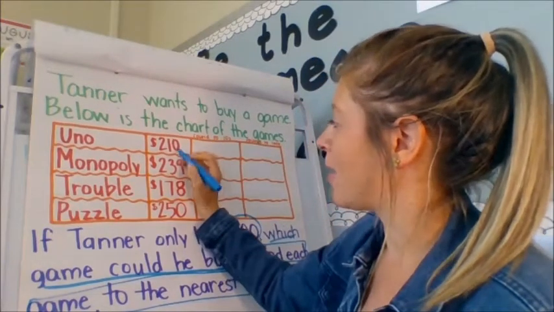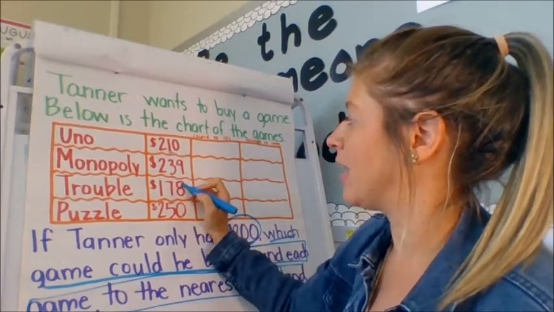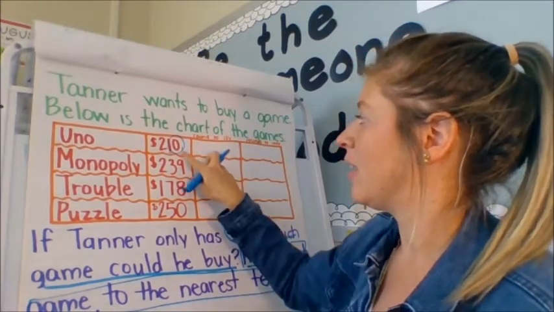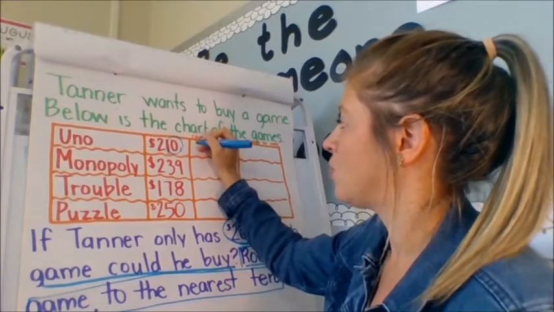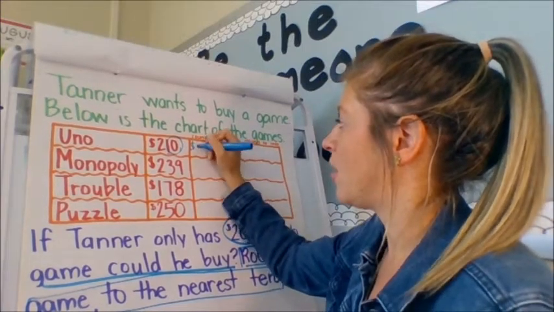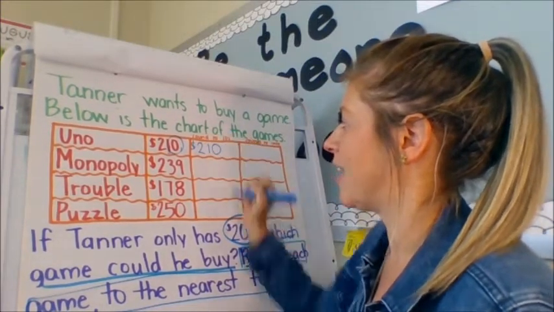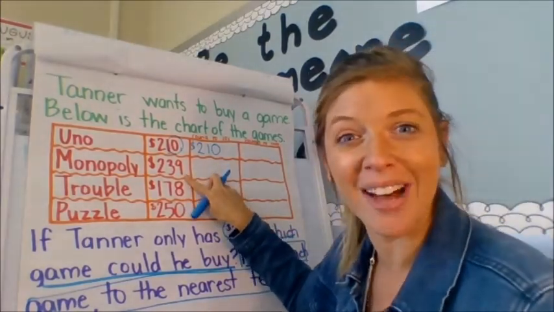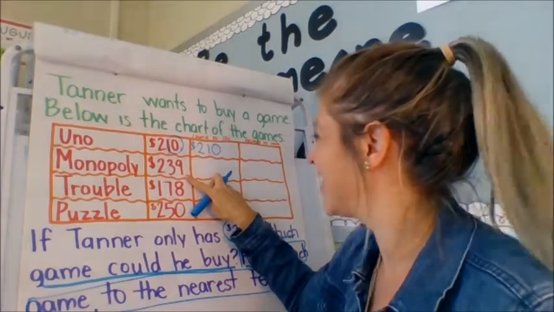All right, remember, we have to underline the place value and circle the helper. And the 0 says to rest. So it will stay 210. Let's try 239. Press pause and round to the nearest 10.